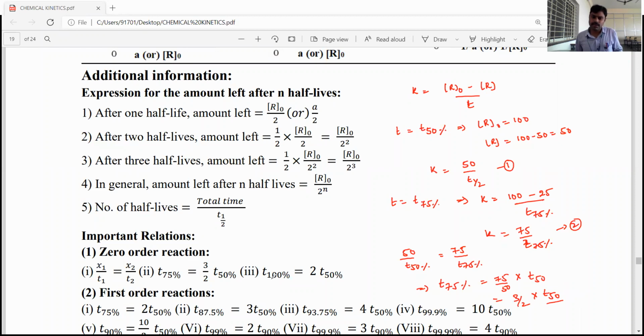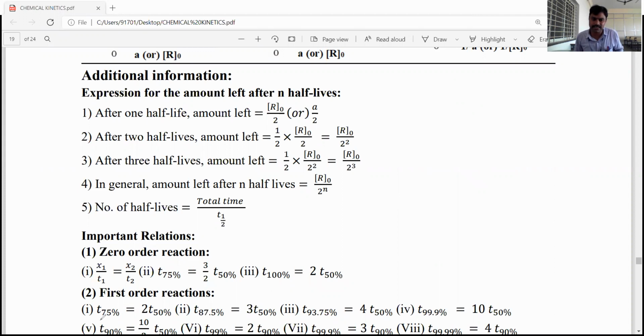In the same way, for a zero order reaction, t 75 percent is equal to 3 by 2 into t 50 percent. If 100 percent is completed, then it is equal to 2 into t half. Okay, dear students, the same kind of relations we can easily derive for first order reactions also.